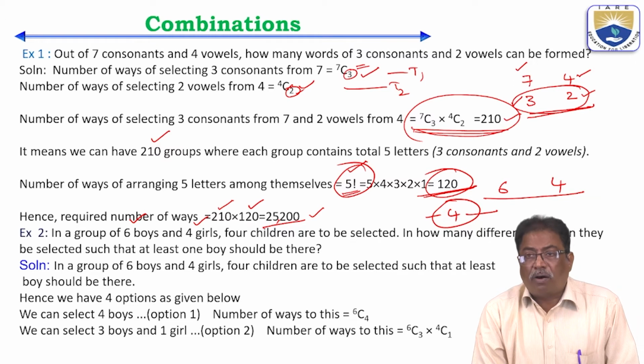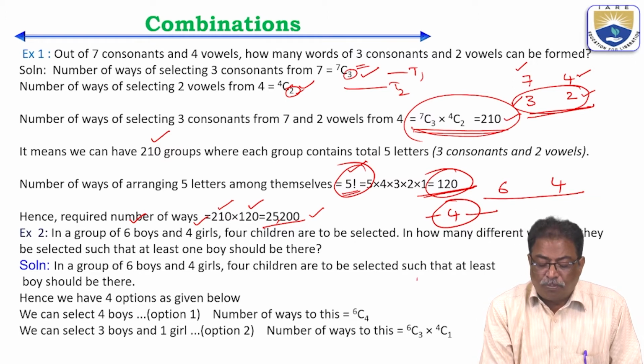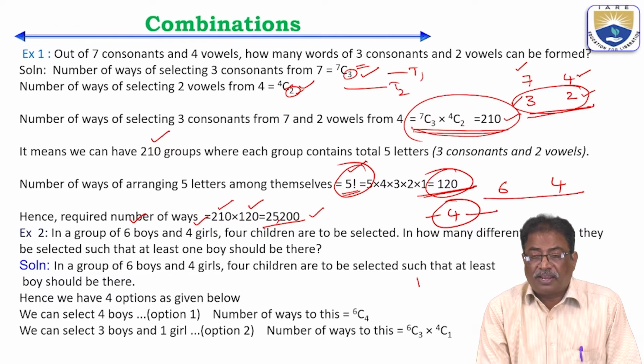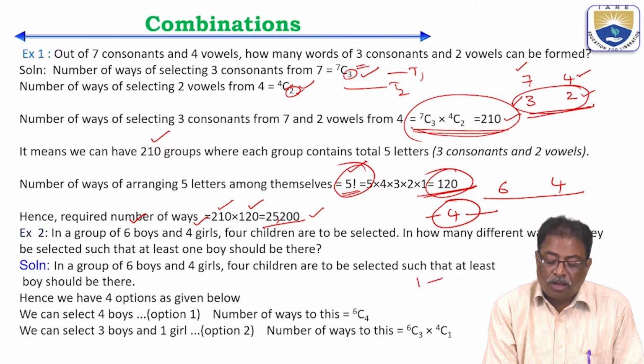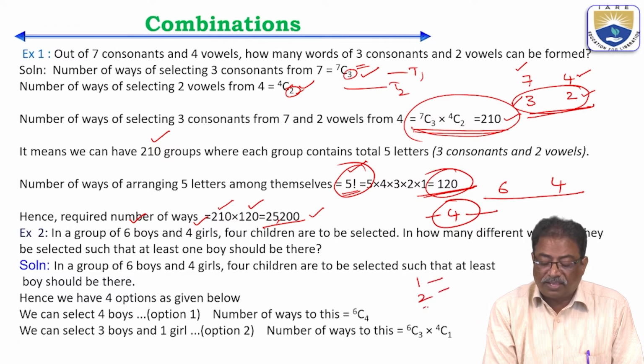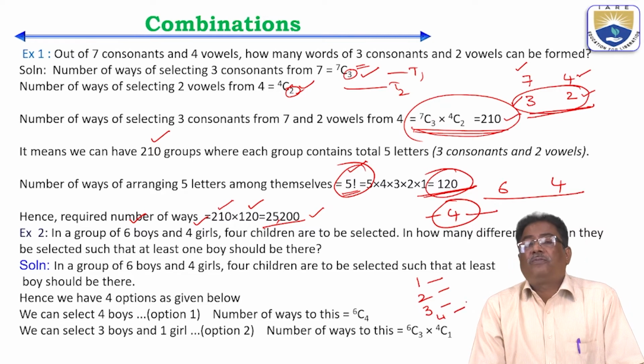So at least 1 boy means we can select 1 boy, 2 boys, 3 boys, or 4 boys. There are 4 different options.